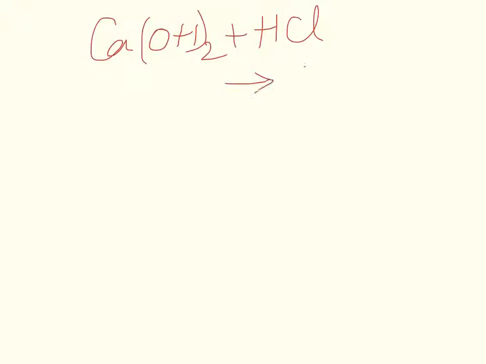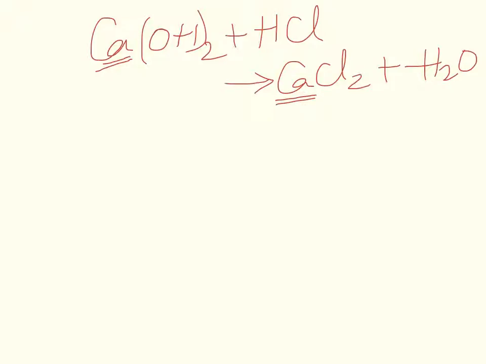Take an example of calcium hydroxide reacting with HCl to yield calcium chloride and water. This is a simple equation. If you look at it closely, there is one atom of calcium on the left hand side and one atom of calcium on the product side.